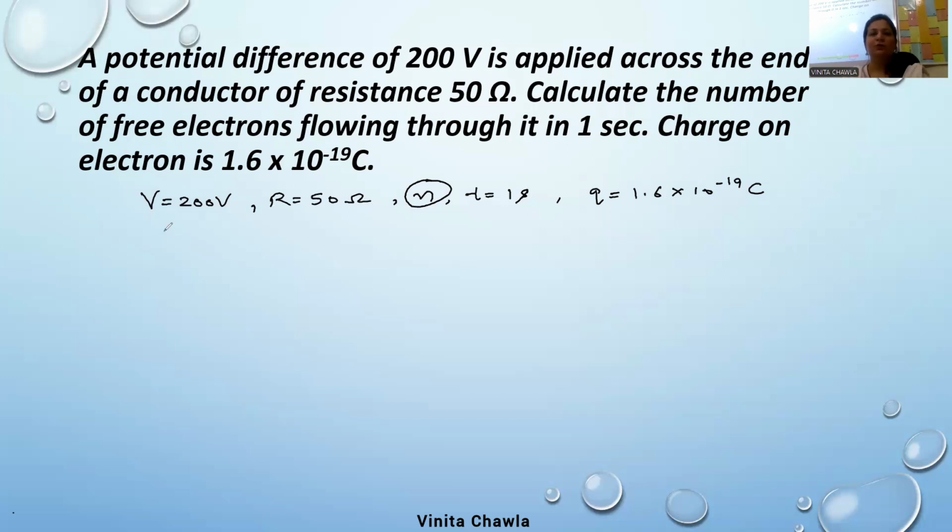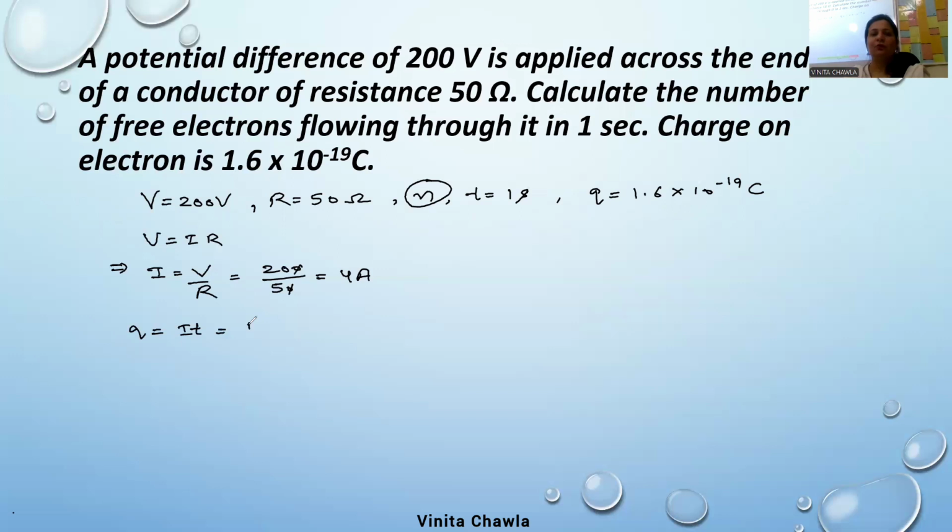Okay. So first find I. V is equal to IR. So I is equal to V by R. This implies I is equal to V by R, 200 by 50. It's 4 ampere. And I is Q by T. Therefore, Q is equal to IT.